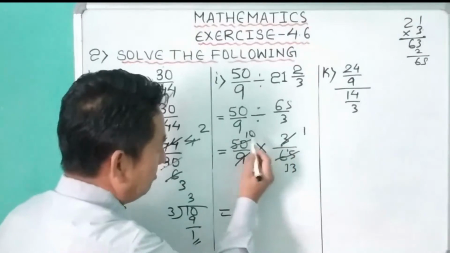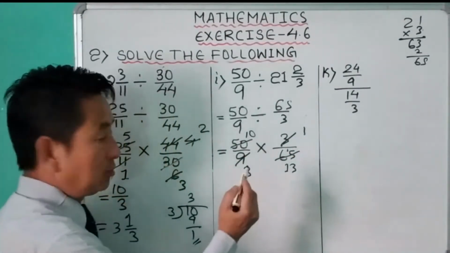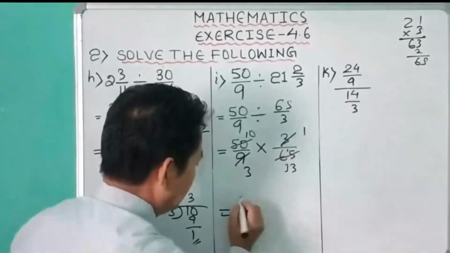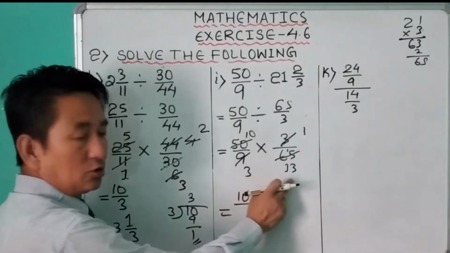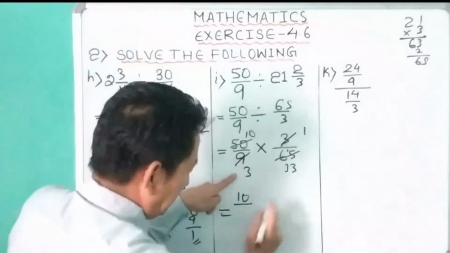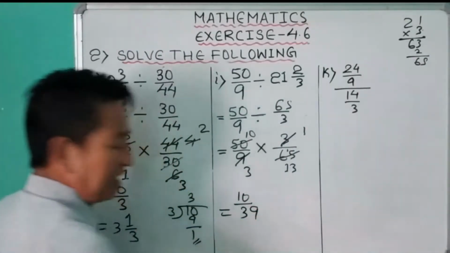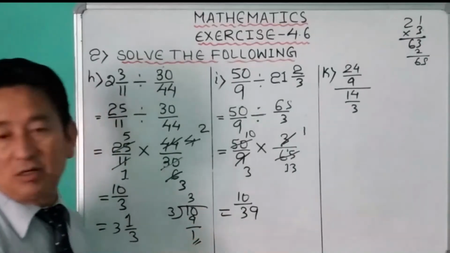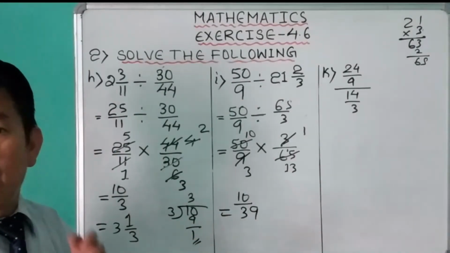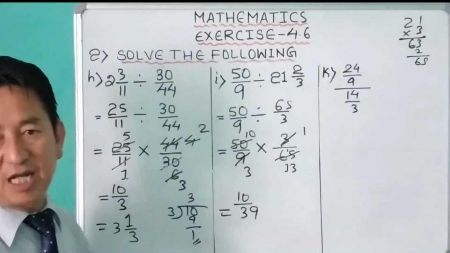So next step, we multiply the numerators and denominators. 10 into 1, 10 1s are 10. Now 3 into 13. 3 3s are 9, 3 1s are 3, 39. And this 10 over 39 is a proper fraction because 10 is less than 39.